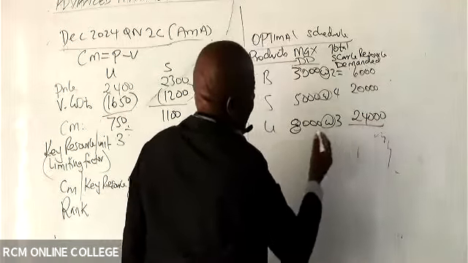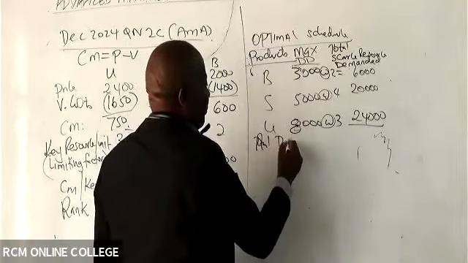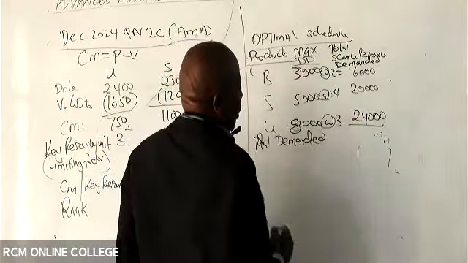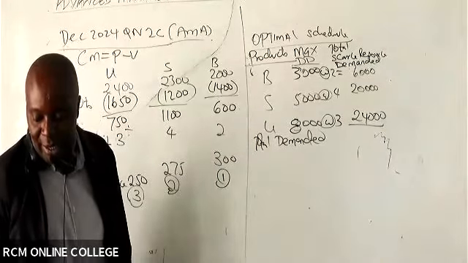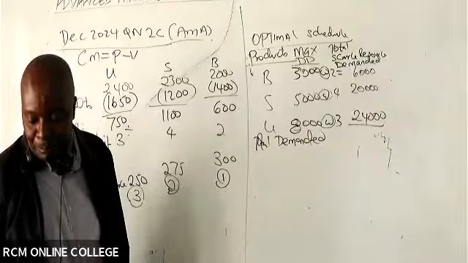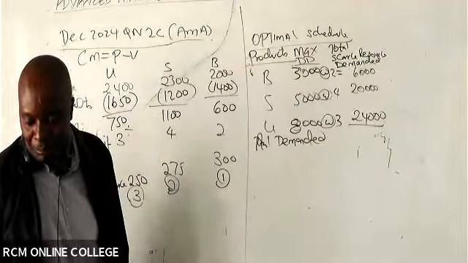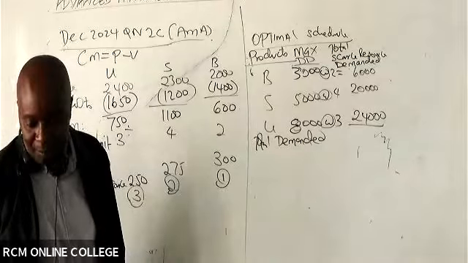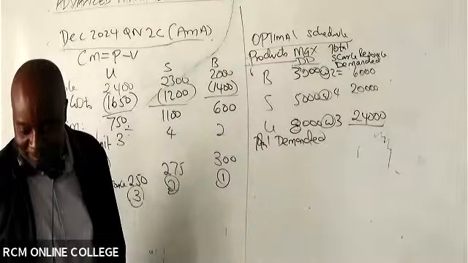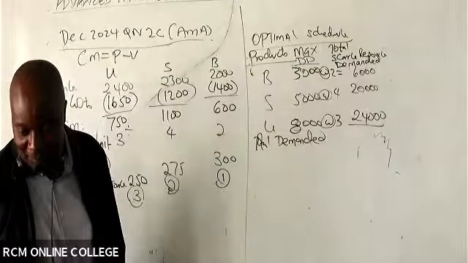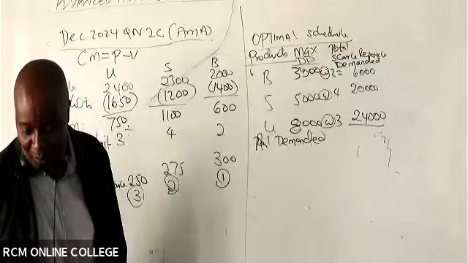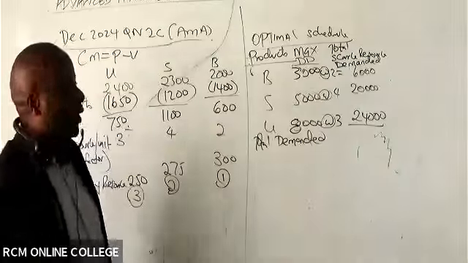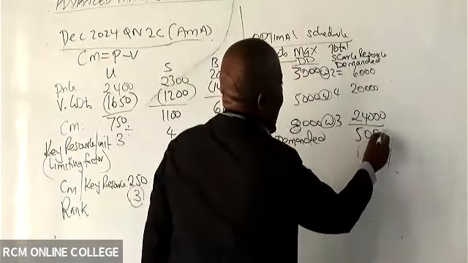Then you add up everything to give us the total demanded: 24,000 plus 20,000 plus 6,000. The answer is 50,000.